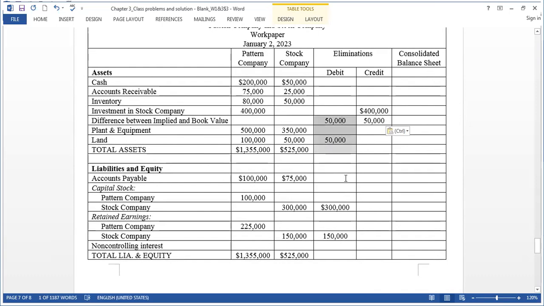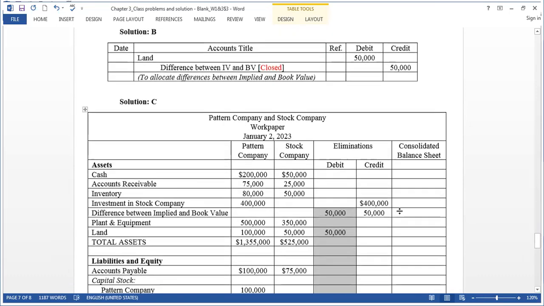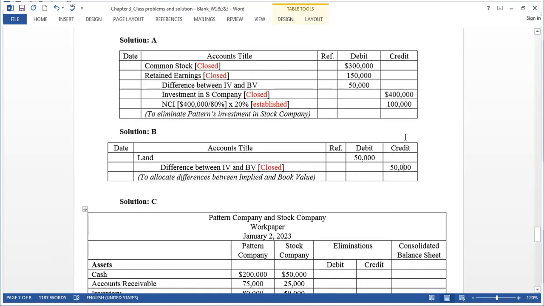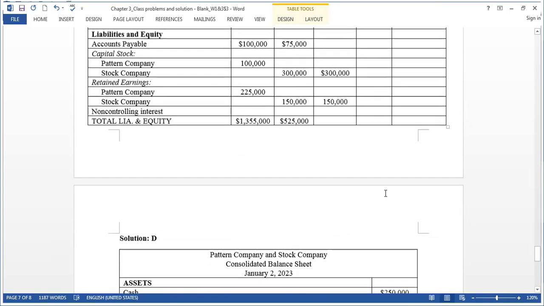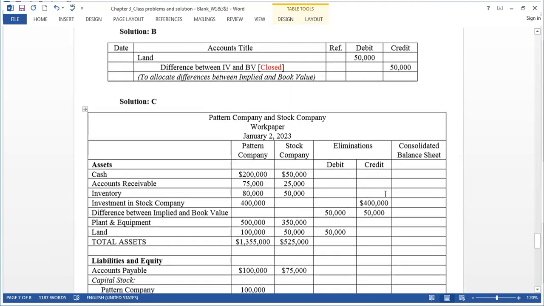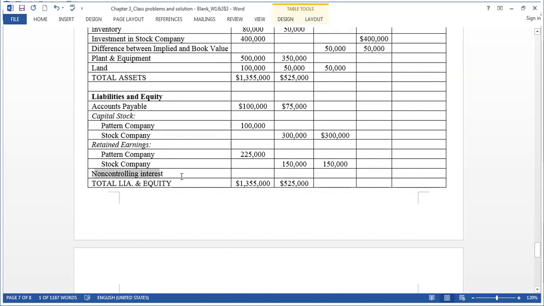Now we put debit items in the debit side. Maybe we have another credit. We have 1, 2, 3 credits, where is another one? For non-controlling interest, yes, we have non-controlling interest $100,000. You can see that this is the non-controlling interest column. We put it in the credit side.